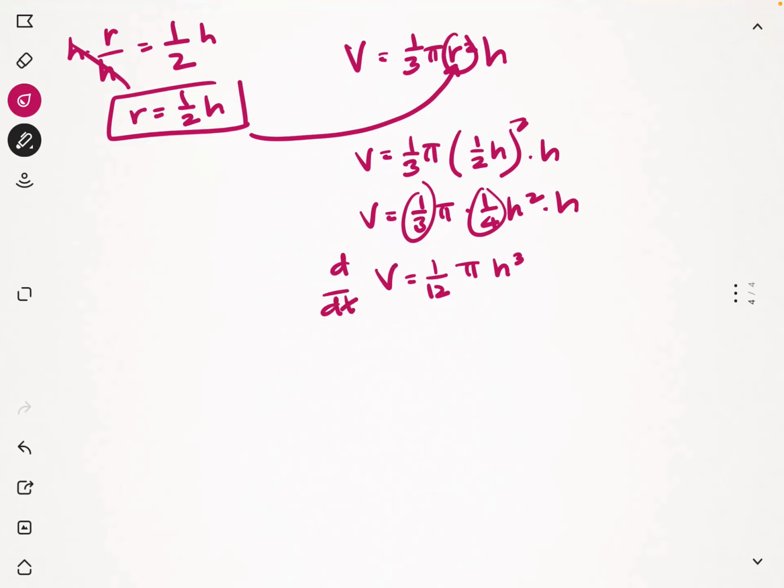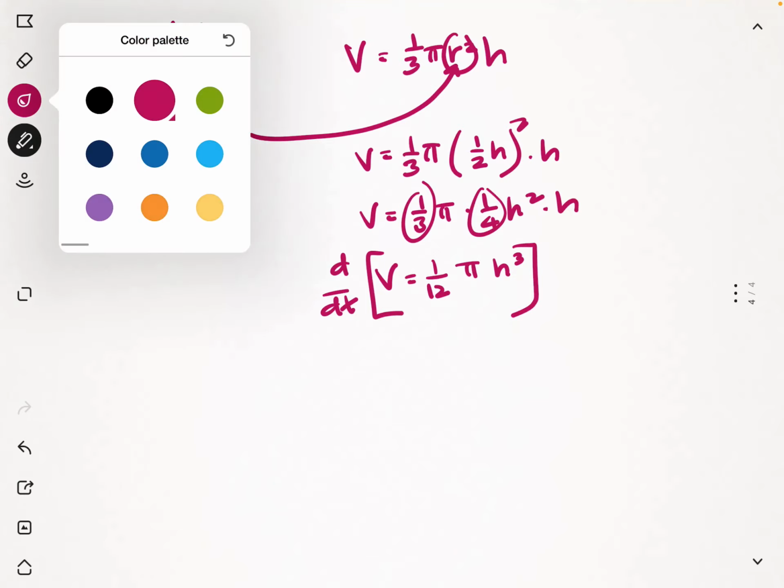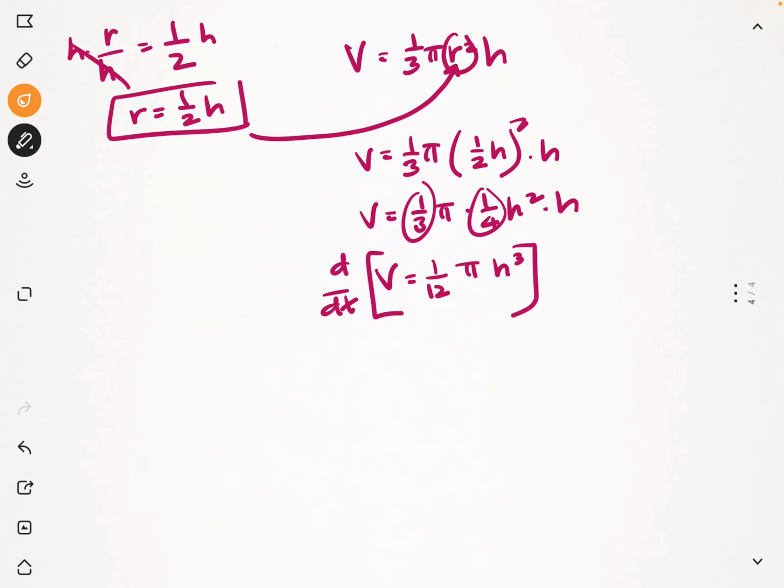We don't have to do our product rule or anything like that because we just have V's and h's. Let's change up our colors here. So dV dt equals 1/12 pi, those don't need to be differentiated, and then we have 3h squared, and then we need to remember to chain it, so dh dt.